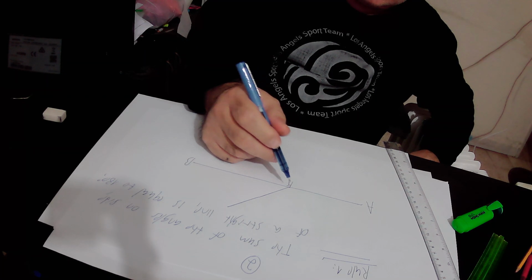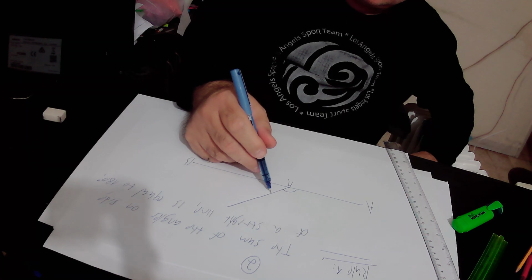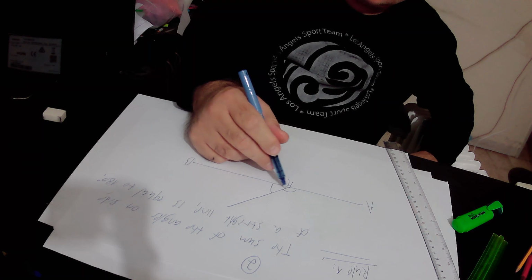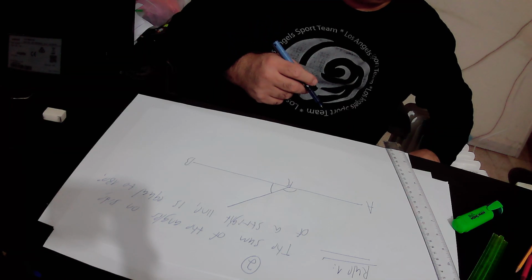That is to say, the size of this angle plus the size of this angle, the sum of those two angles in total must be equal to 180 degrees.